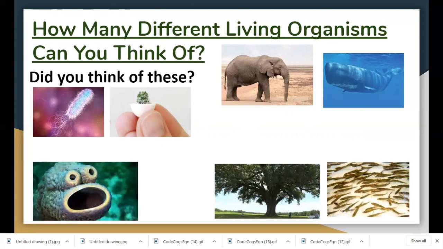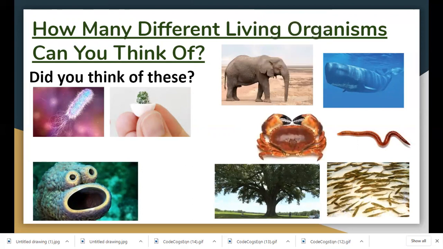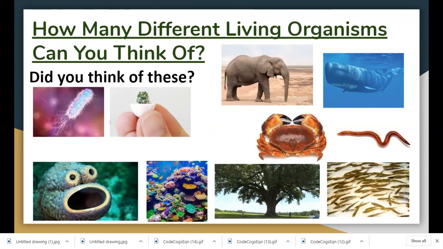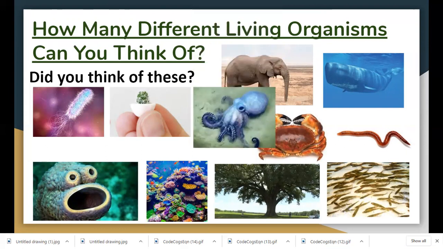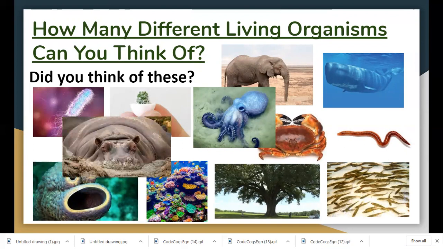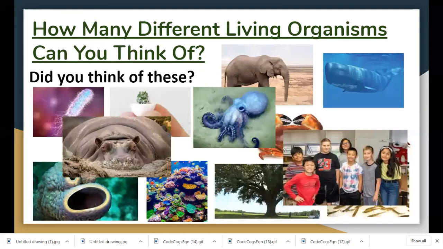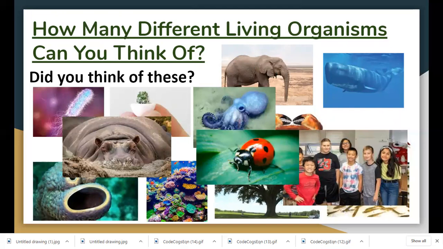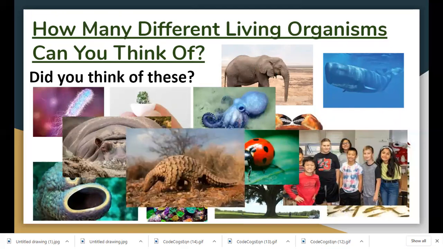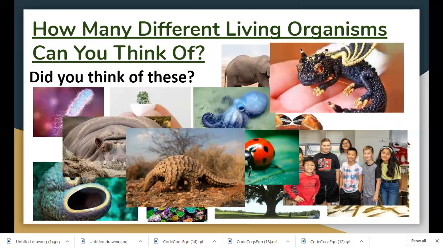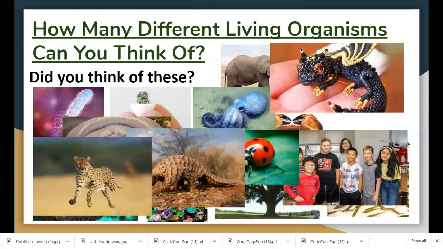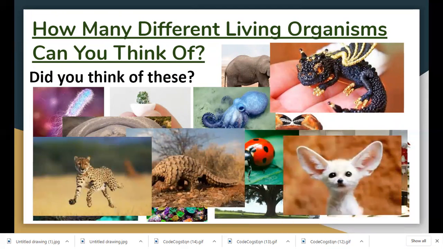That's a weird looking sea creature. A worm. A crab. Sea coral. An octopus. A hippo. You. Ladybug. Armadillo. A teeny tiny little lizard thing. A cheetah. I don't know what that is. Some kind of a little fox type thing.